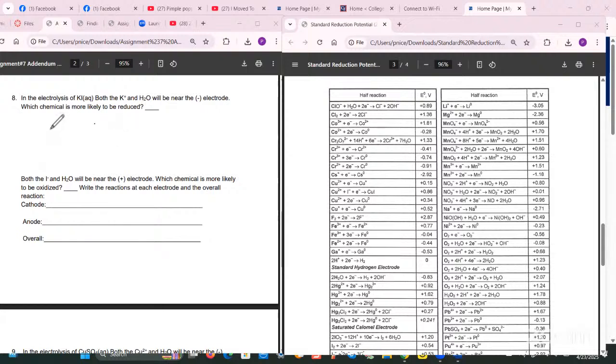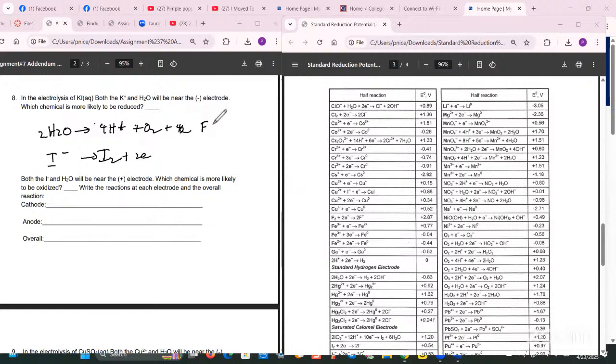So I minus and H2O undergoing oxidation, right? H2O forms 4H plus, O2, plus 4 electrons, right? 2 here. And then the I minus will undergo oxidation to form I2 plus 2 electrons, right?